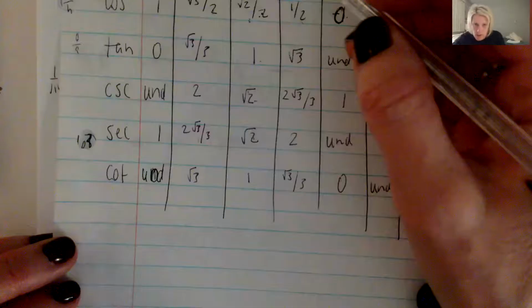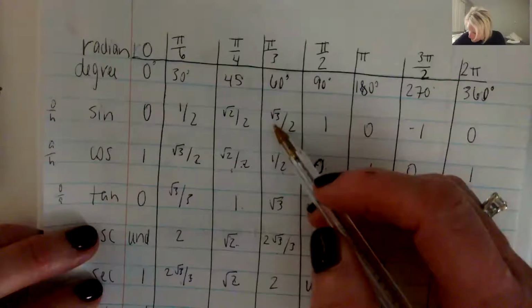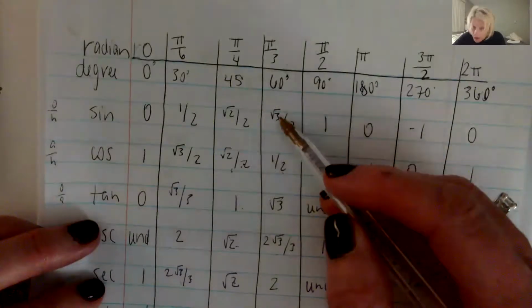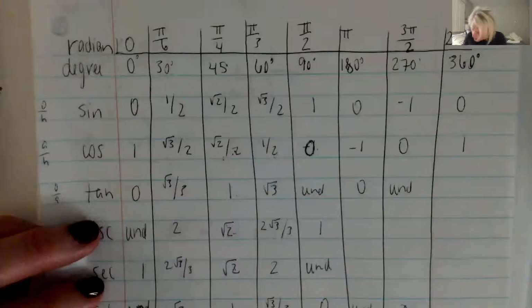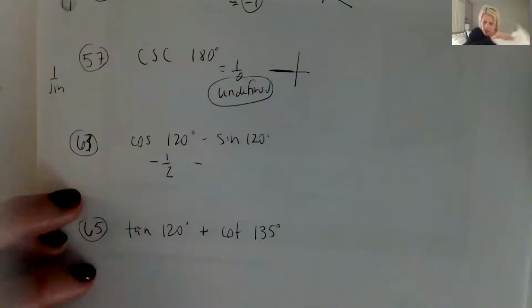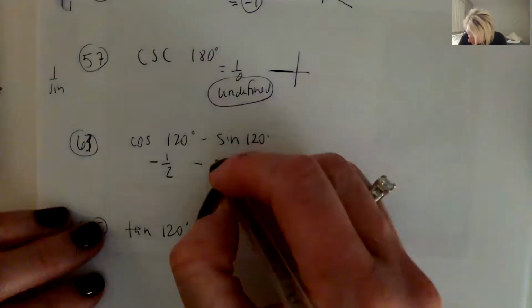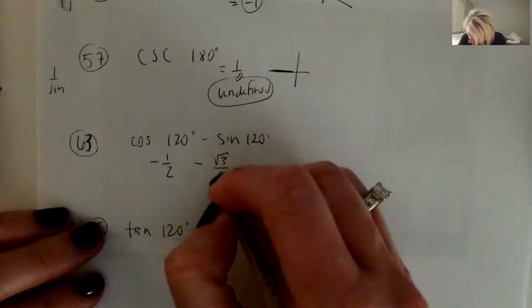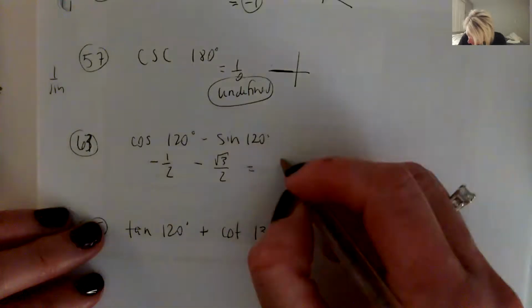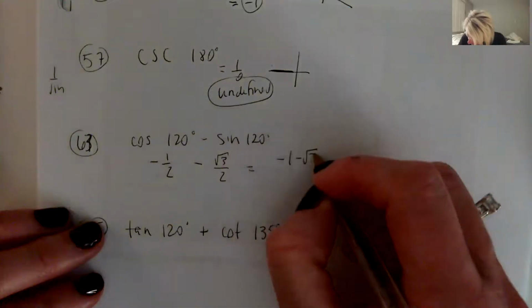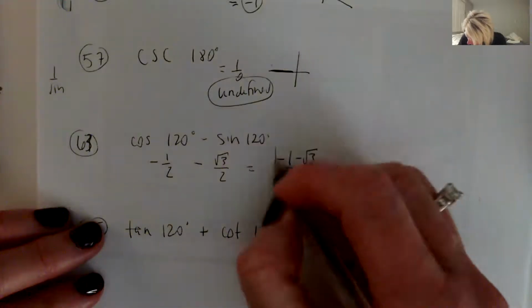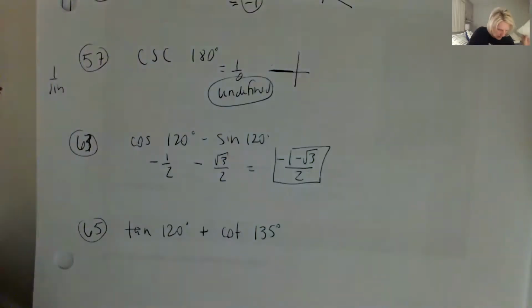Remember, 120 is a 60-degree angle, so sine at 120 is positive, a positive square root of 3 over 2. So that'll just be a negative 1 minus square root of 3 over 2 for 63.